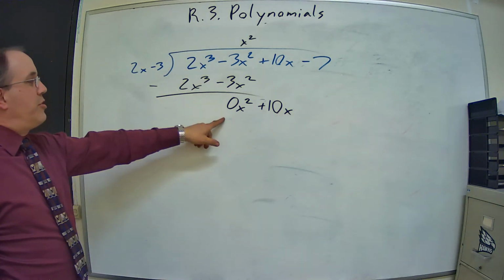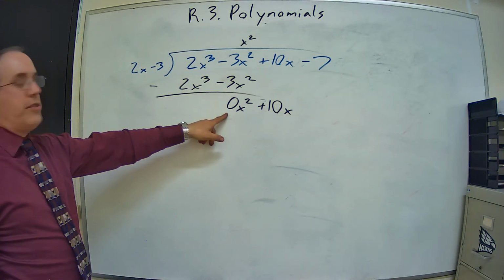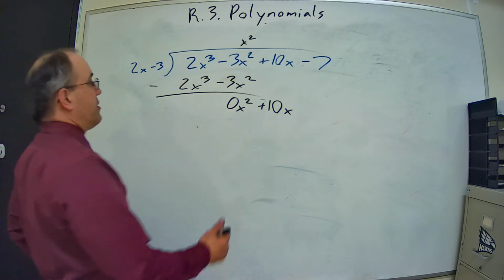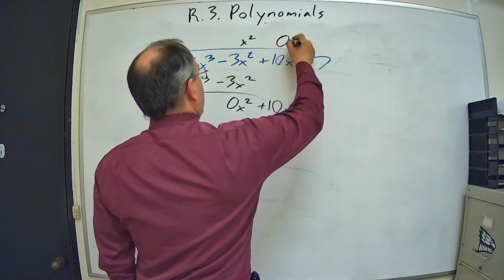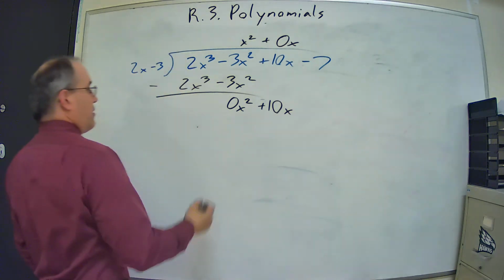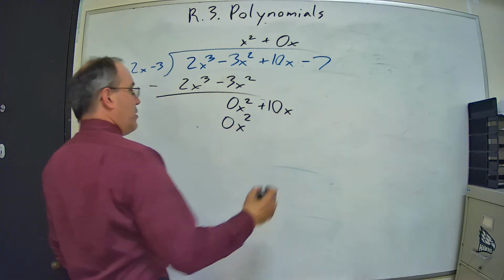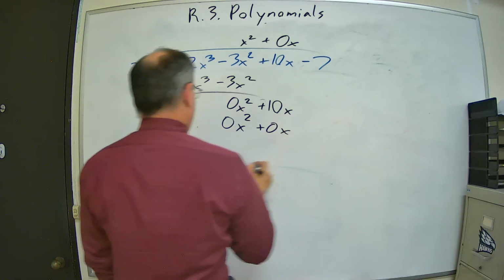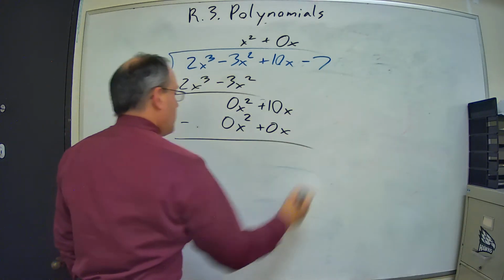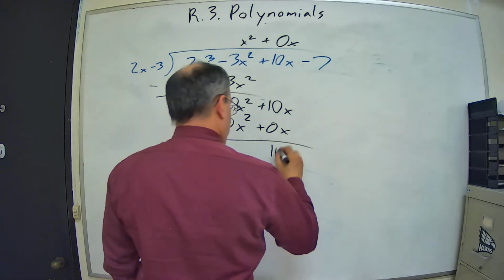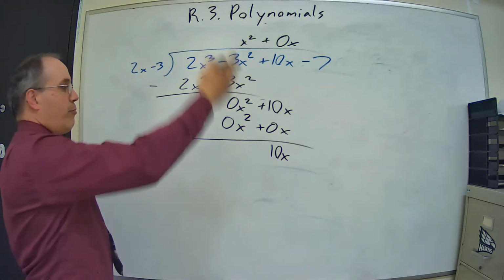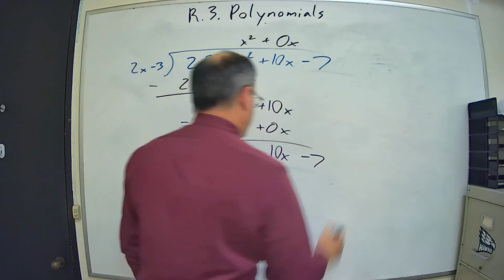How many times does 2x go into 0x squared? It doesn't, so we have plus 0x, which is going to give us 0x squared plus 0x.